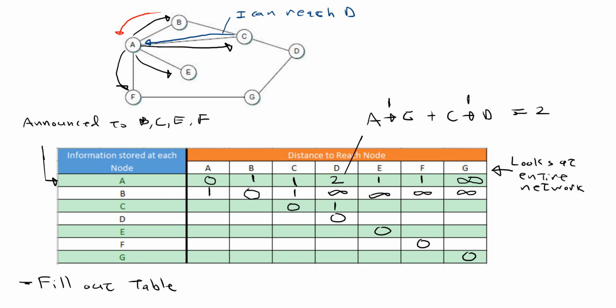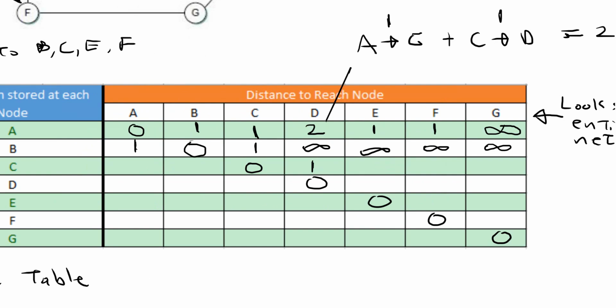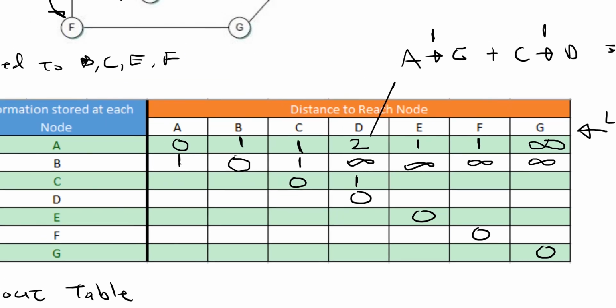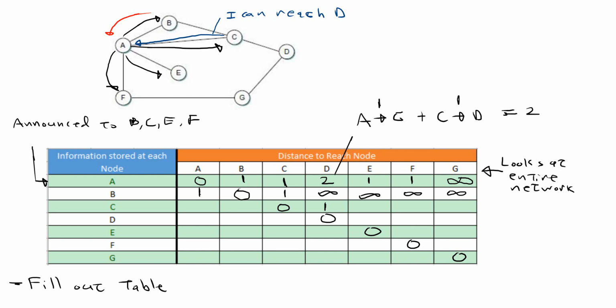And so eventually we will end up with the completed distance vector for A, which I'm going to fill out right now. I'm just going to do the A part. So the final distance vector for A would also have in here at a cost of 2.